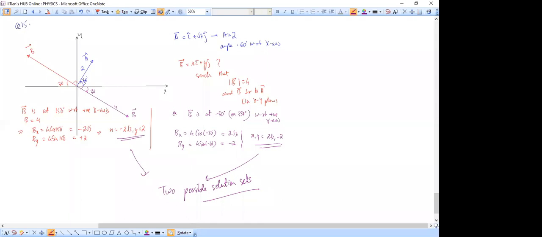No, products will not be coming in the first test. Okay. Only up to component algebra will come in the test.